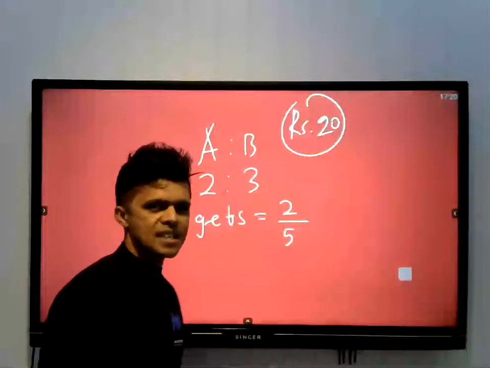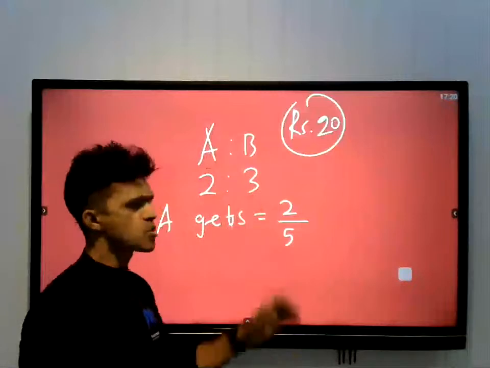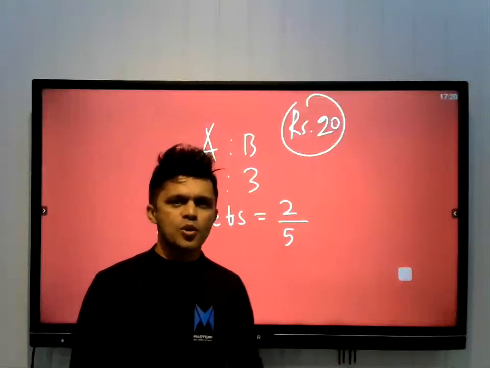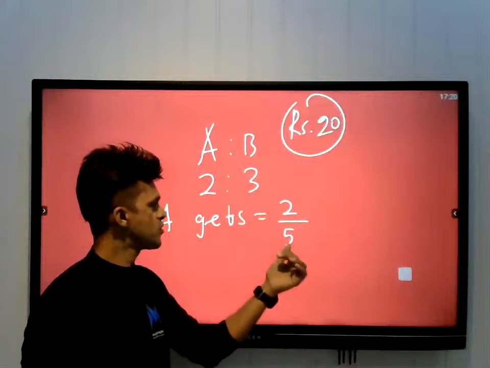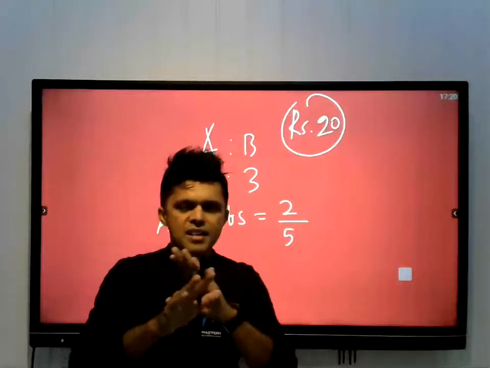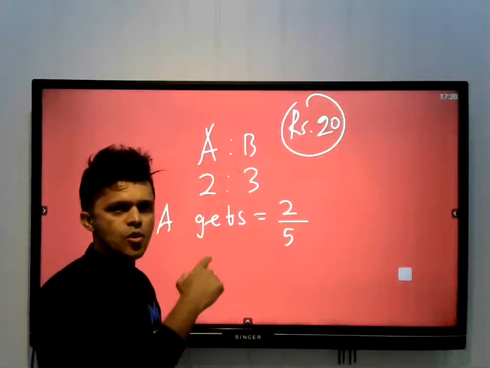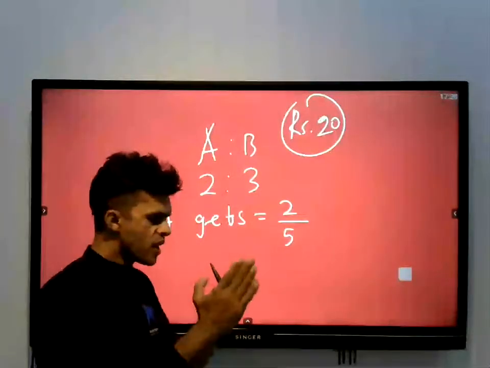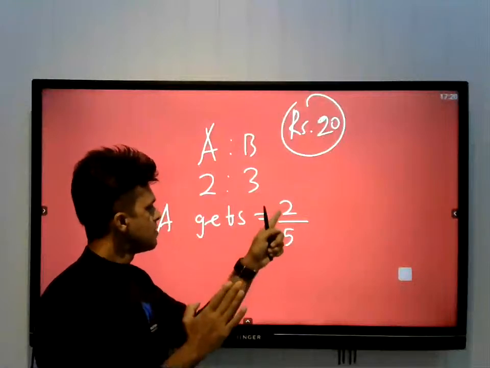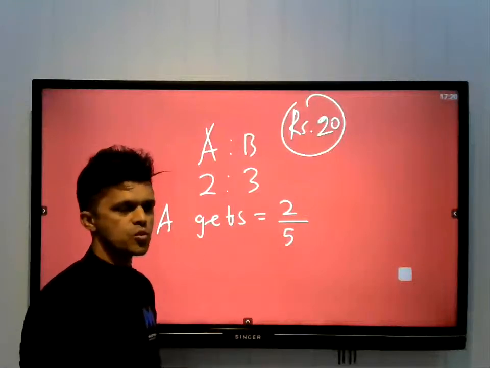How did I get that 5? Adding 2 and 3 equals 5. When 5 rupees is divided, the amount taken by A is 2.